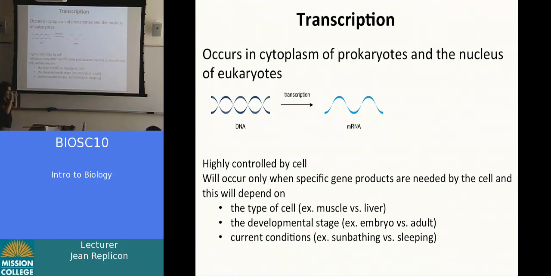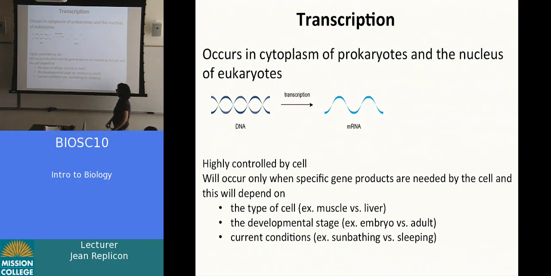And so, there is an arrow going forward, but what makes it go forward? Well, it depends on which gene. Of all the 25,000 genes, which one is needed now, here? So which one is needed by this type of cell? What a muscle needs produced is different from what a liver needs.